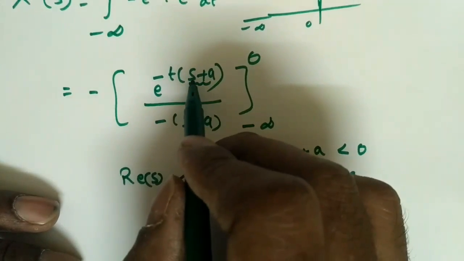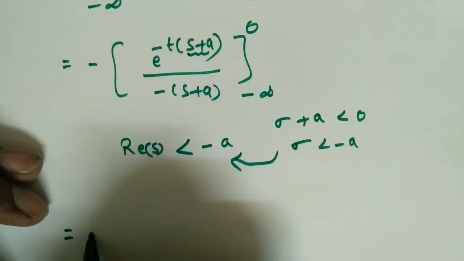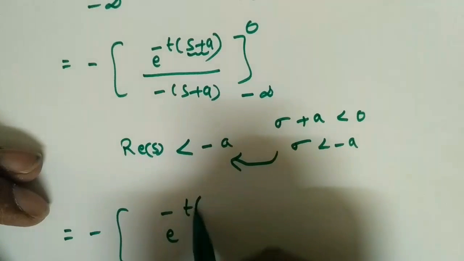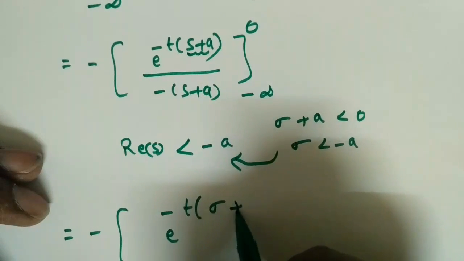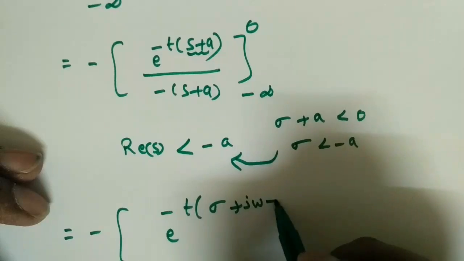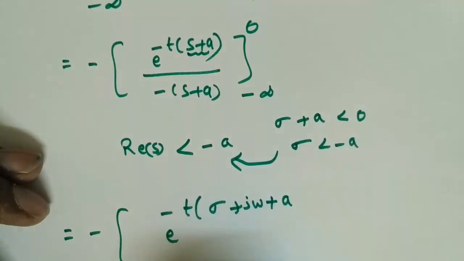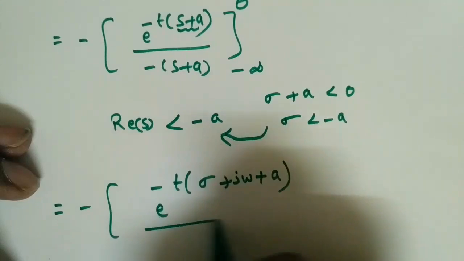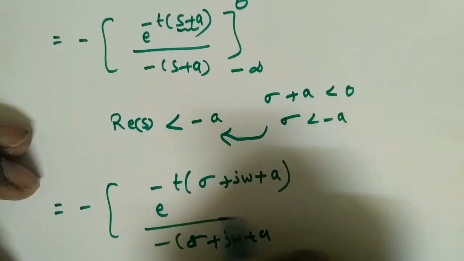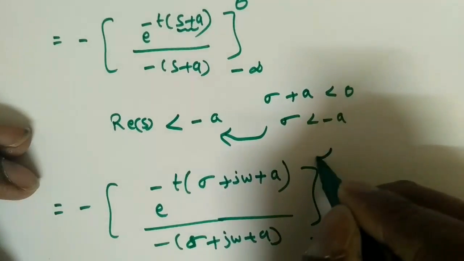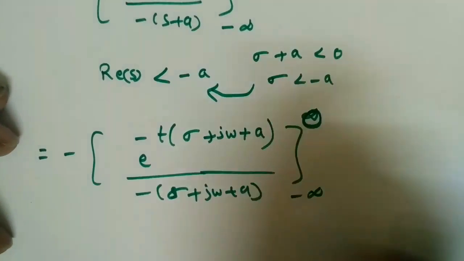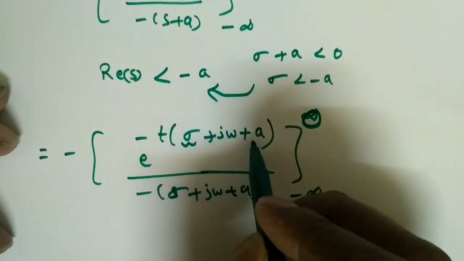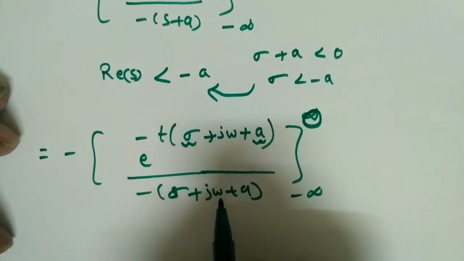See here, if you substitute, I'll write like this: minus e power minus t into sigma plus j omega plus a, right? Divided by minus of s, that is sigma plus j omega plus a. Now to make this term converge, we need to make sigma plus a a negative value, right?